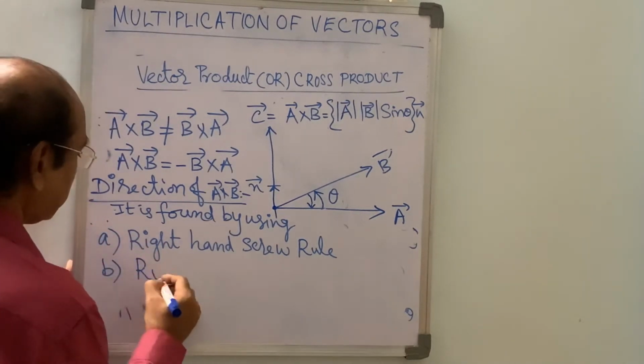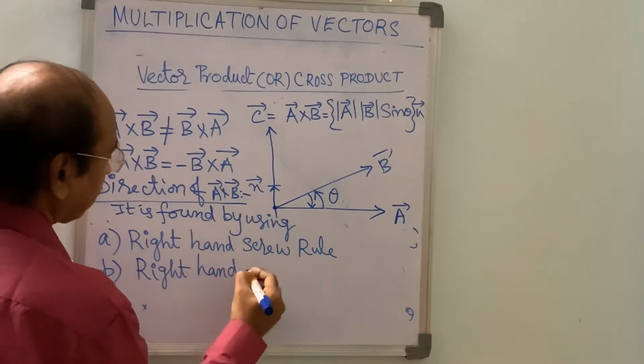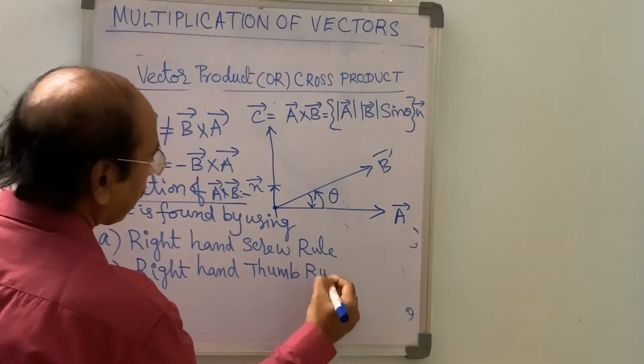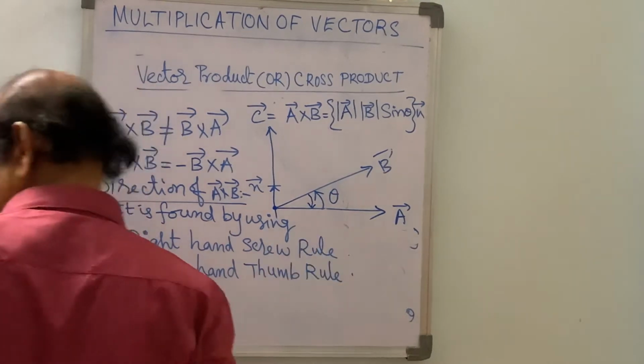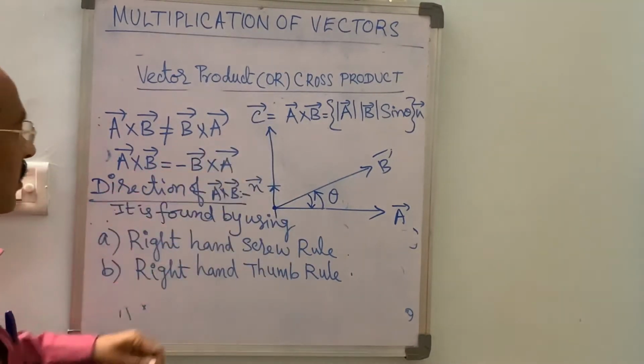Second one, right hand thumb rule. So by using these two rules, we determine the direction of the resultant vector c bar.